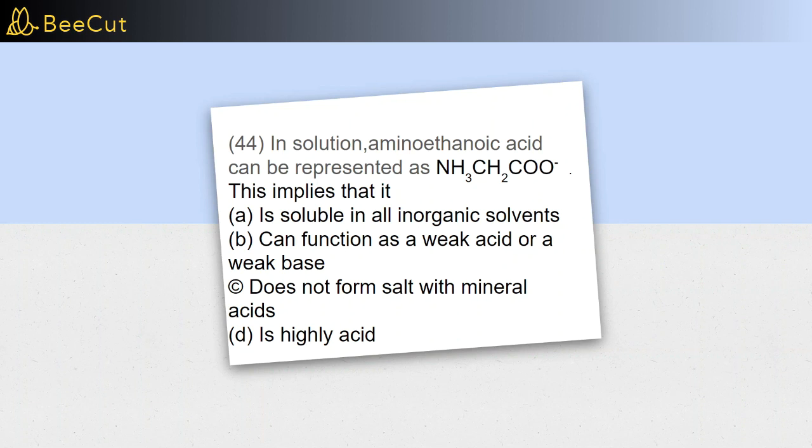Why is this soluble in inorganic solvents? It exists as a dipolar ion and it has the physical properties of a salt, which are high melting point, high solubility in water, and insolubility in organic solvents. That should be soluble in all organic solvents, which is A.